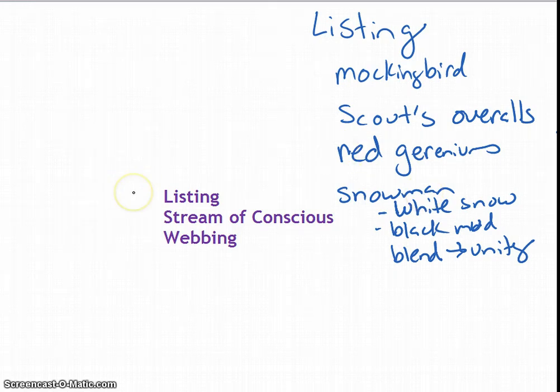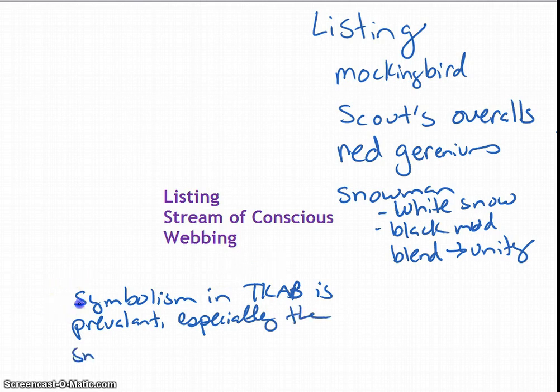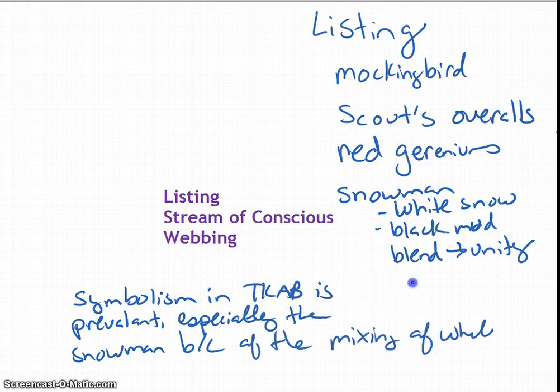Stream of consciousness is writing everything that comes to mind. For instance, symbolism in To Kill a Mockingbird is prevalent, especially the snowman, because of the mixing of white and black.